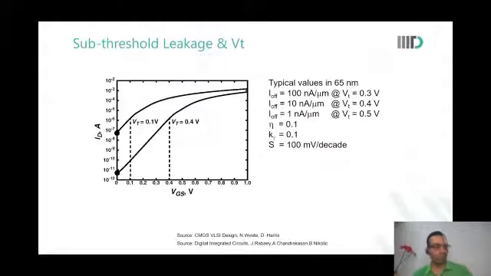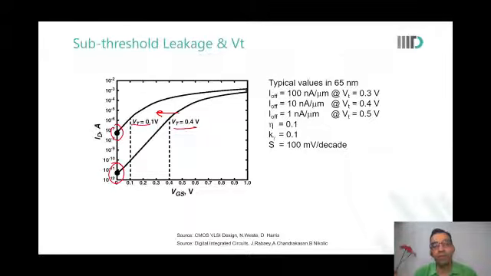So when we say that the VT of the device has changed, what has happened is that if, for example, you change VT from 0.4 to 0.1, the same curve, shifted to the left, would intersect the gate input Vin equal to 0 axis at a different place.